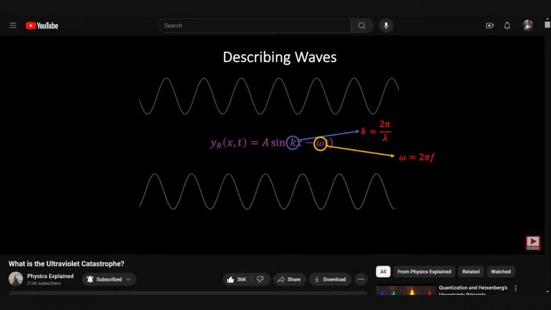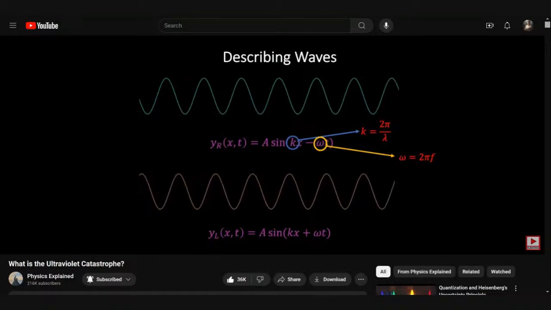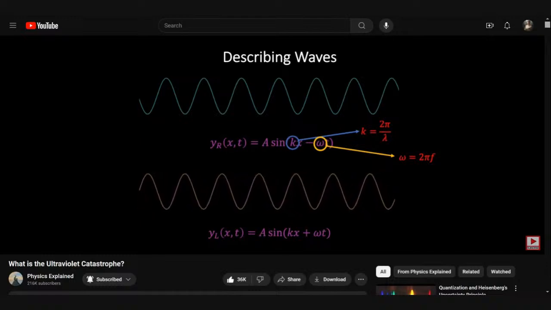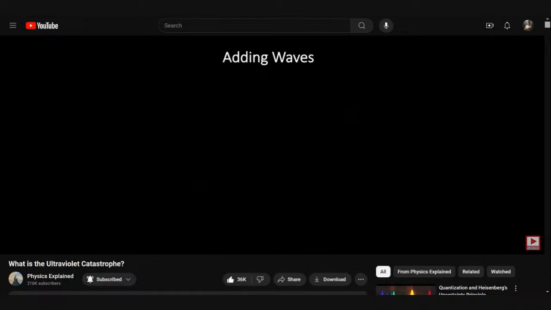Now we can likewise write down an expression that describes a wave moving to the left, and you see that the minus sign has been replaced with a plus, and this causes the wave to move to the left. So what would happen if we had a right moving wave encountering a left moving wave in the same region of space?